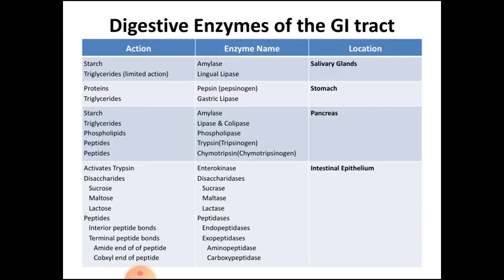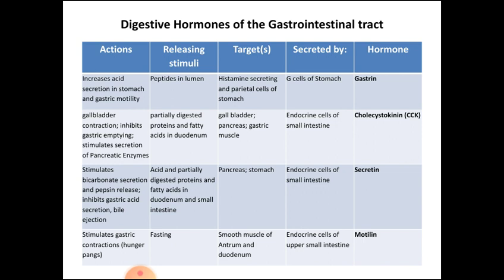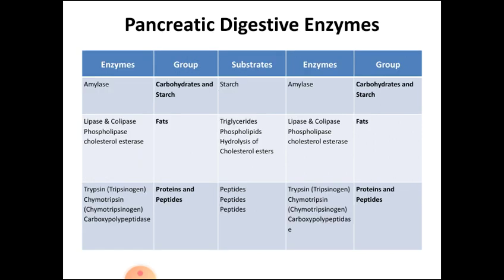This slide shows the many types of digestive enzymes and their location in the GIT, the name of each enzyme, its action, and where it is secreted. Here are all the secreted enzymes, their releasing stimuli, their action, and what they target to produce, plus the hormones working in the GIT.